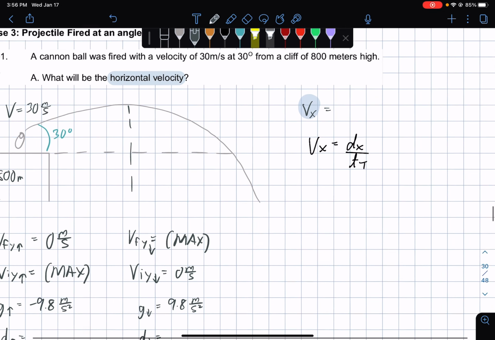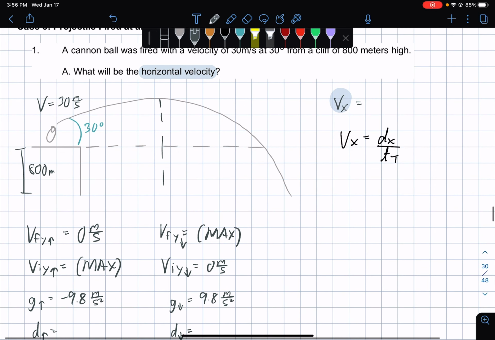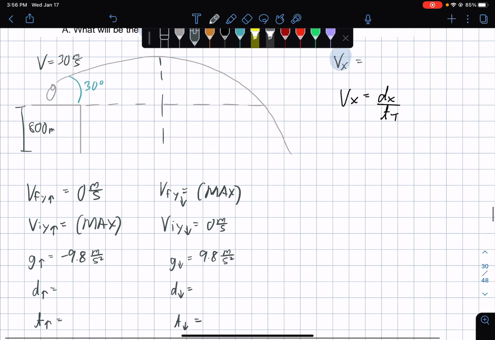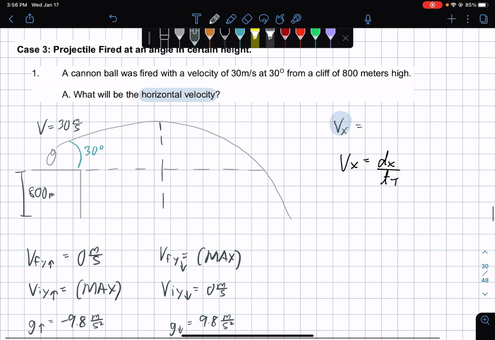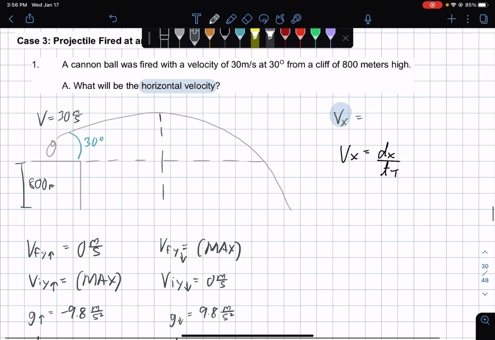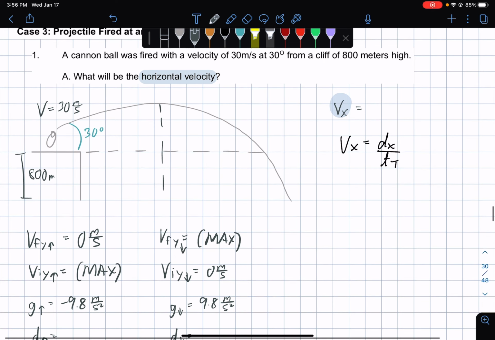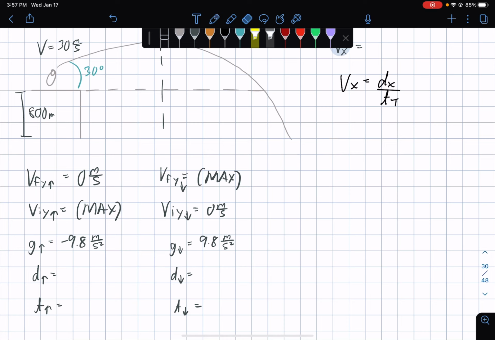So do we have the total horizontal displacement? We don't. I suppose we have to look for the x and y components first, so that we can find the VIY and the VFY.